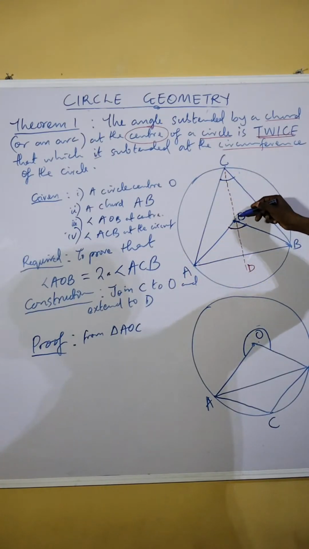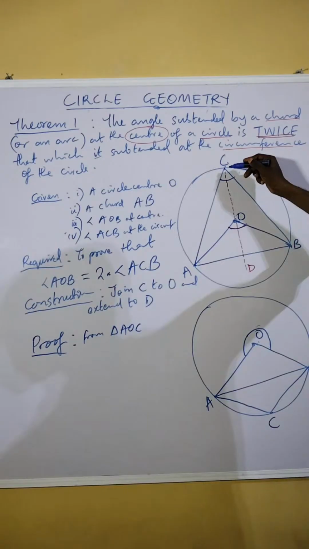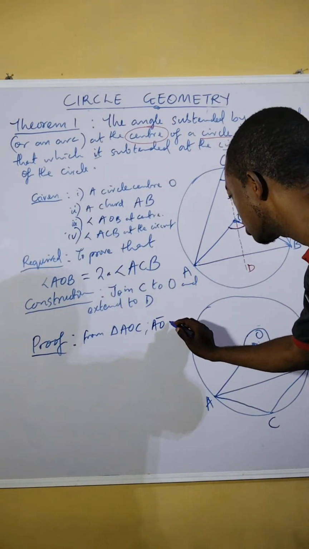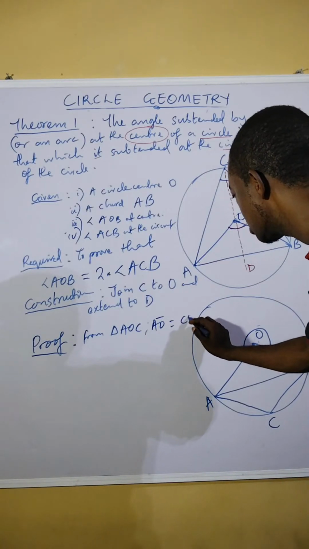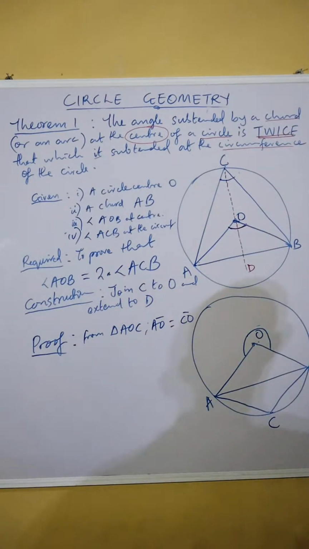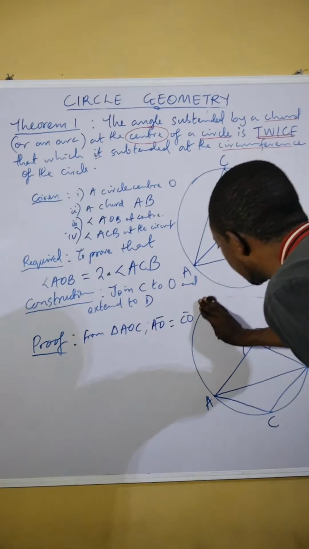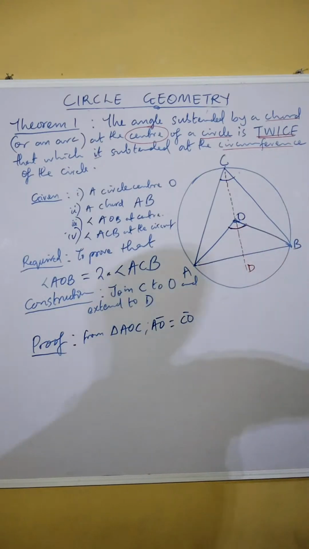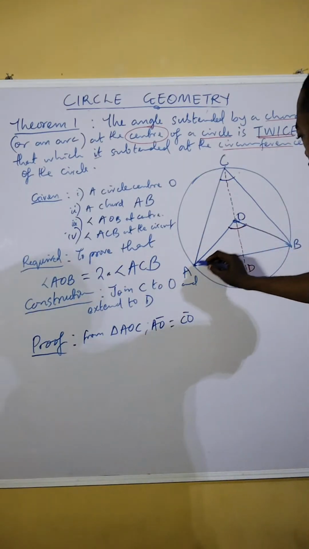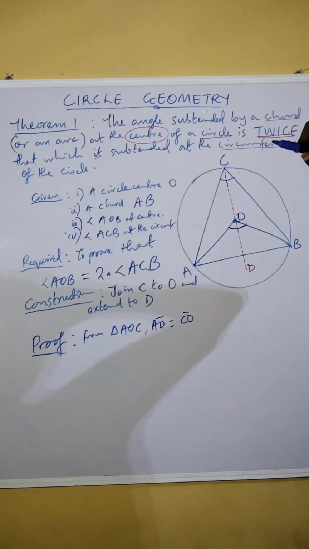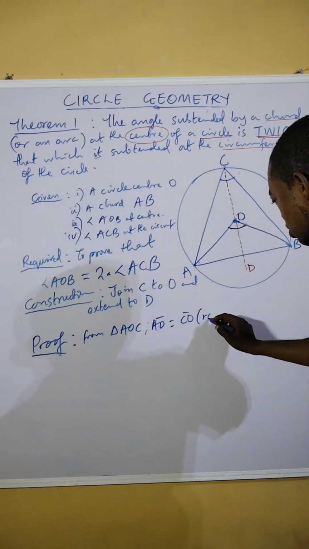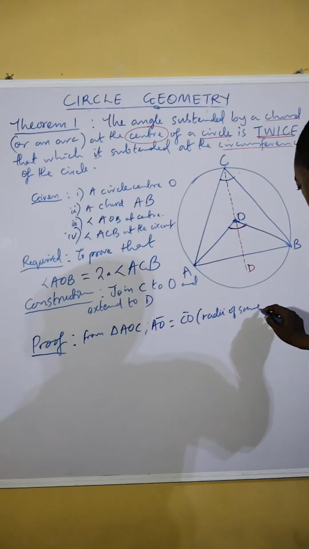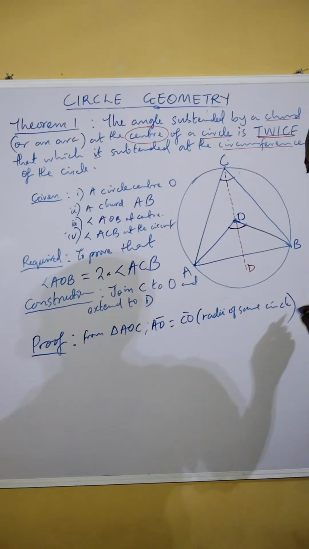Also line CO, also coming from the center to the circumference, also a radius, which means that line AO is equal to line CO. So let's clean this first and use just one diagram here. So these lines are the same now. Why are they the same? Radii of the same circle. Okay, so that's the reason why.